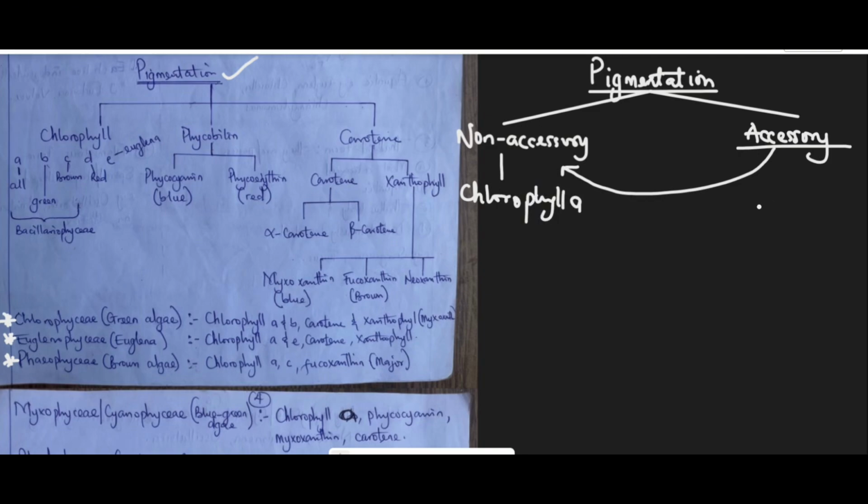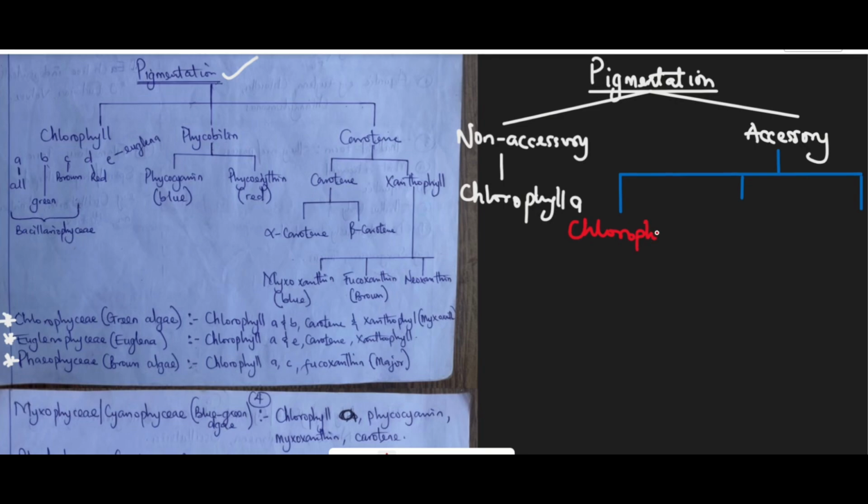Now the accessory pigment is further divided into three. The first is chlorophyll, and the chlorophyll we're talking about is actually chlorophyll B, chlorophyll C, chlorophyll D, and chlorophyll E. And the next is phycobilin, and the last is carotenoid.